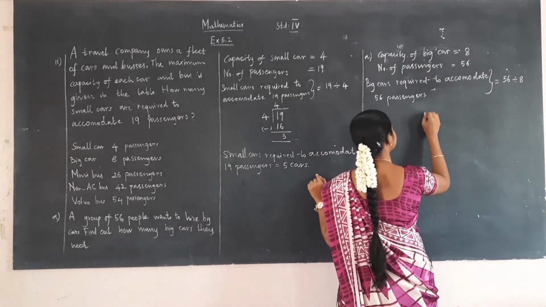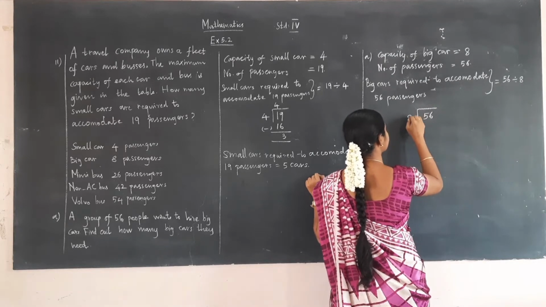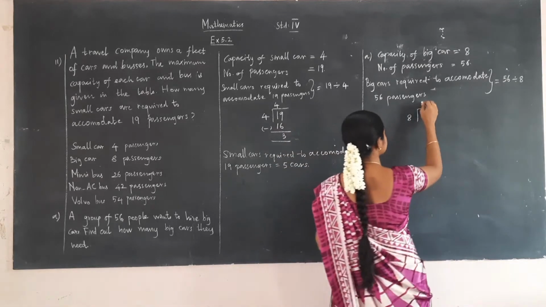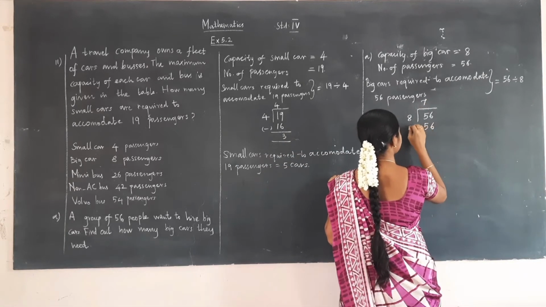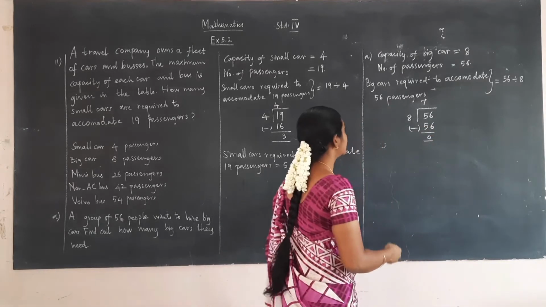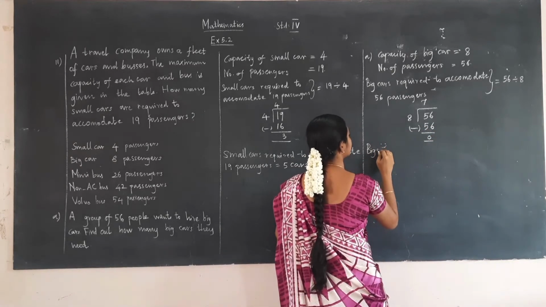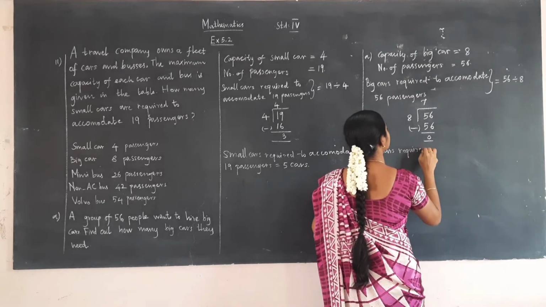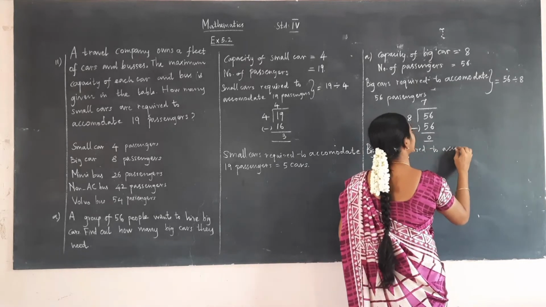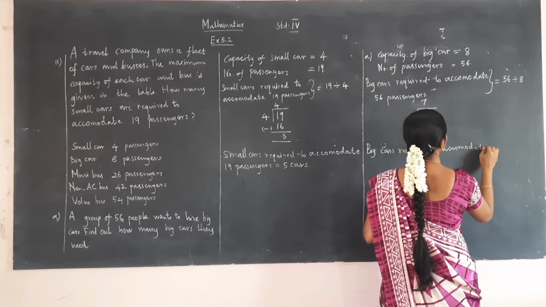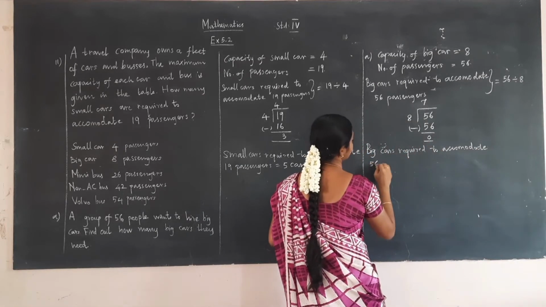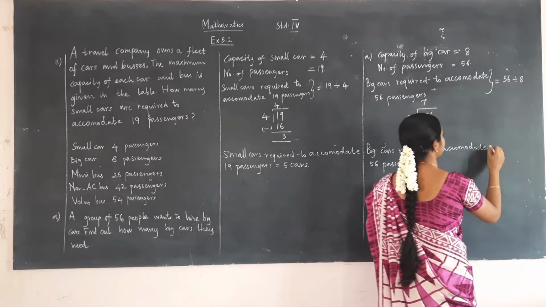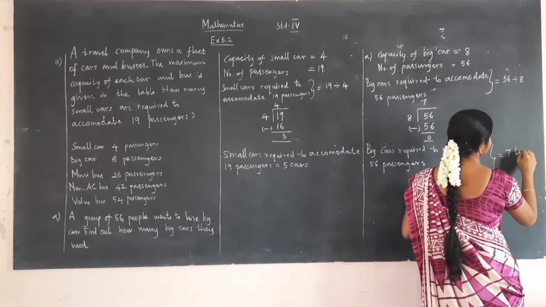So we have to divide 56 by 8. In the 8 table, 7 eights are 56. 56 minus 56 is 0. So big cars required to accommodate 56 passengers is equal to 7 big cars.